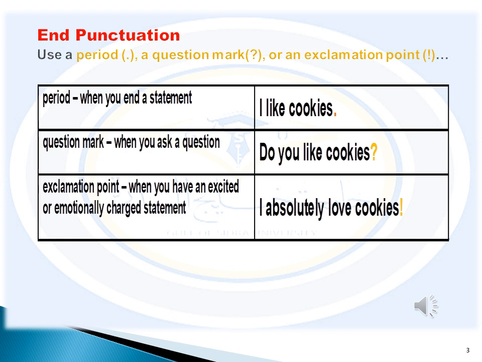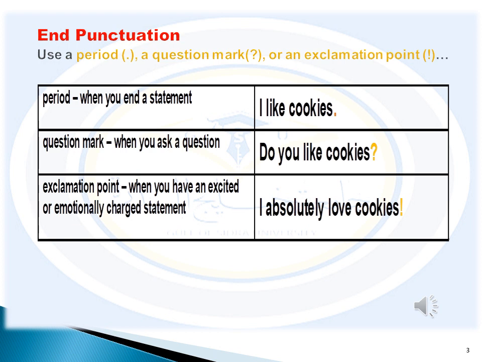The second type is a question mark, and this is the question mark. Use a question mark when you ask a question. So at the end of a question, you should make this mark.